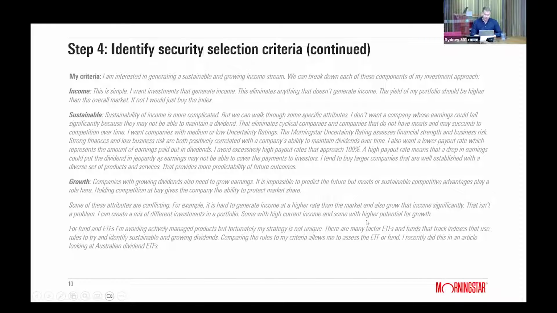There are factor ETFs, right? They track dividends. A factor ETF is an ETF where the holdings and the decisions made are based on a set of rules. I can go in there and evaluate those rules. So there are certainly lots of opportunities for me to go out there, so I can sort of ignore active. That's just a choice I made. It doesn't mean it's a right or wrong choice, but once again, just trying to be honest here.